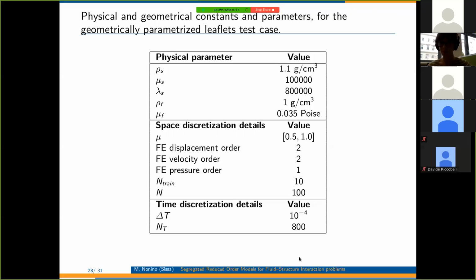My question is why it is not 1000, like the other test case, and only 800. That's just because it was a lot of computational time. So it is not a matter of stability issues, only computational time. Okay.